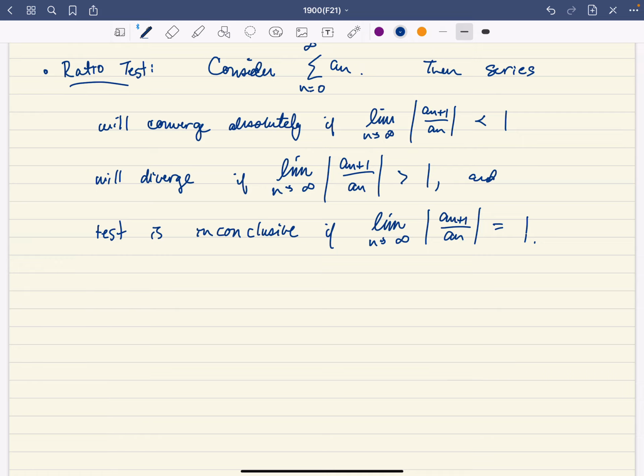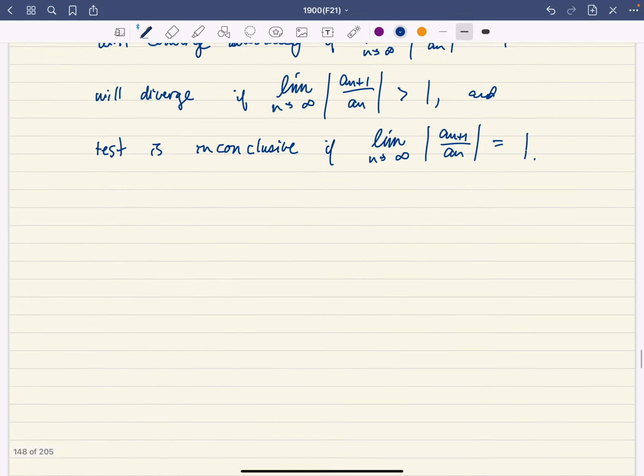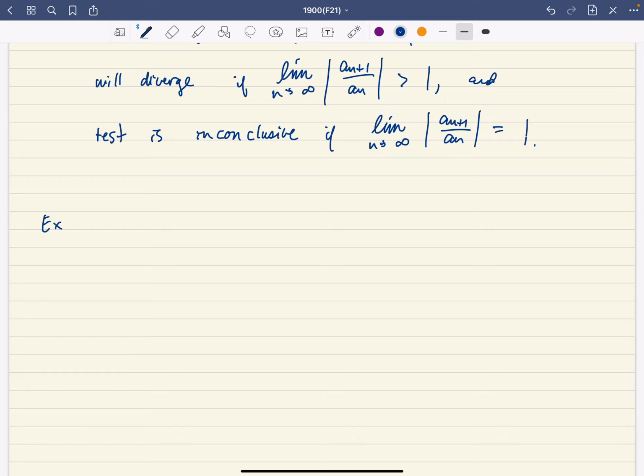One of the series that we worked with in class is the sum of 1 over n factorial. And whenever you have a factorial in your series, the ratio test is almost always the best way to go.